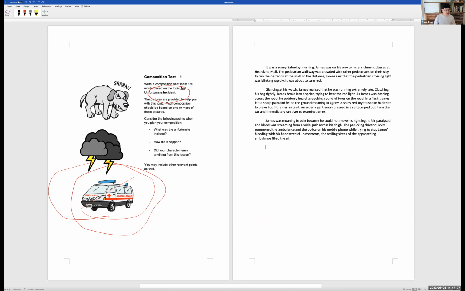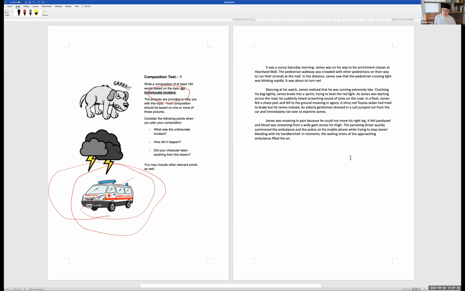And then the third paragraph is the climax or the rising action where the problem gets even worse before it gets better. So in this case, James is knocked down and then his injury is really bad, right? His very, very serious injury. And now in the last paragraph, the conclusion, I will end the story and then I will have James reflect on the lesson that he learned, right?